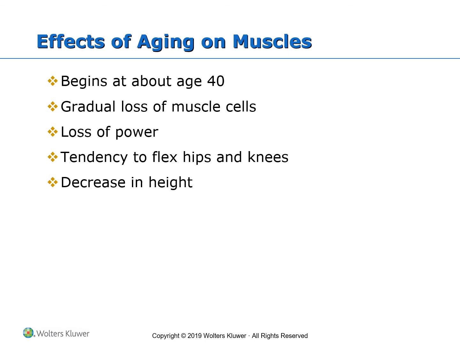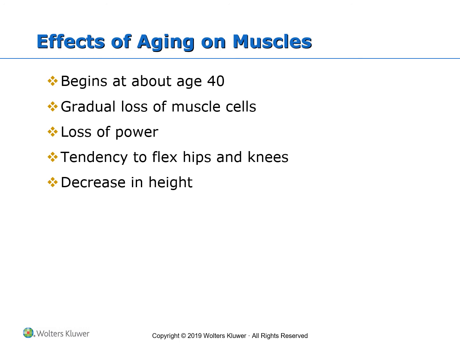Effect of aging on muscle. Usually aging for the musculoskeletal system begins around age 40 and is characterized by a continuous and gradual loss of muscle cells. In addition to that, our muscles will lose the force or power that they had before, especially if they are not exposed to repeated and consistent exercise.